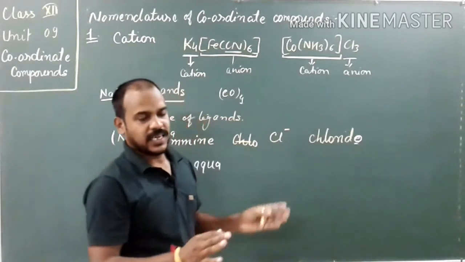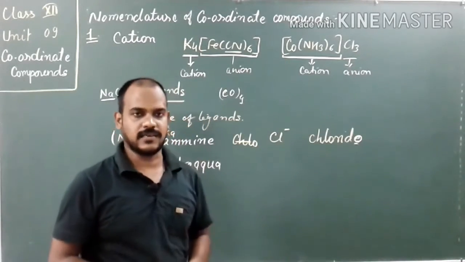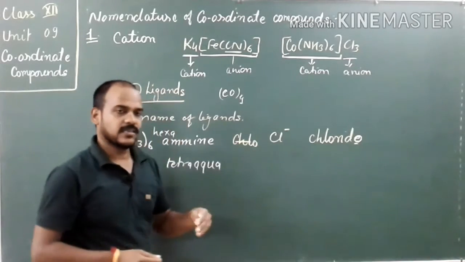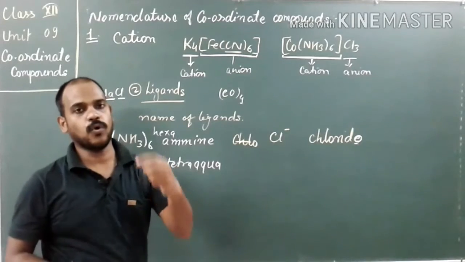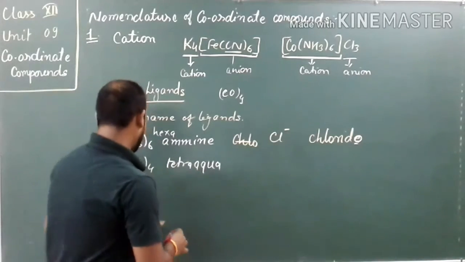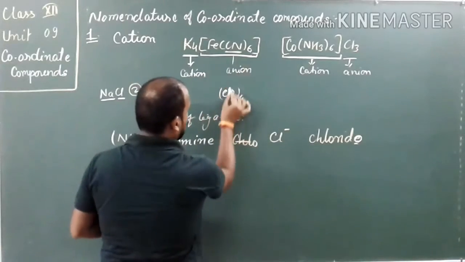So like that, if there is a negative ion, that is an anion, then we will write the name by using the suffix O. Now see, here like this, CN whole 6.